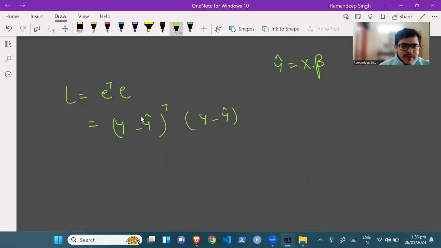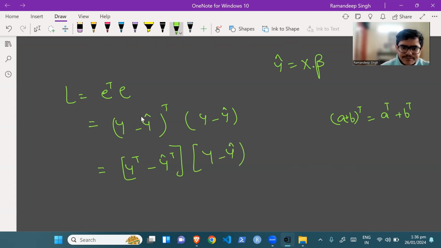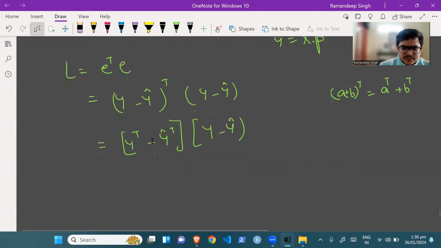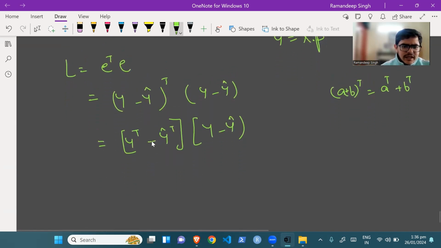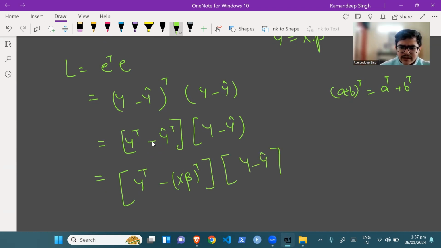Now if I send this transpose inside, A plus B whole transpose is equal to A transpose plus B transpose, right? So this will be Y transpose minus Y hat transpose, multiplied by Y minus Y hat. And now if I replace this Y hat with X beta, it will be Y transpose minus X beta whole transpose multiplied by Y minus Y hat, right?